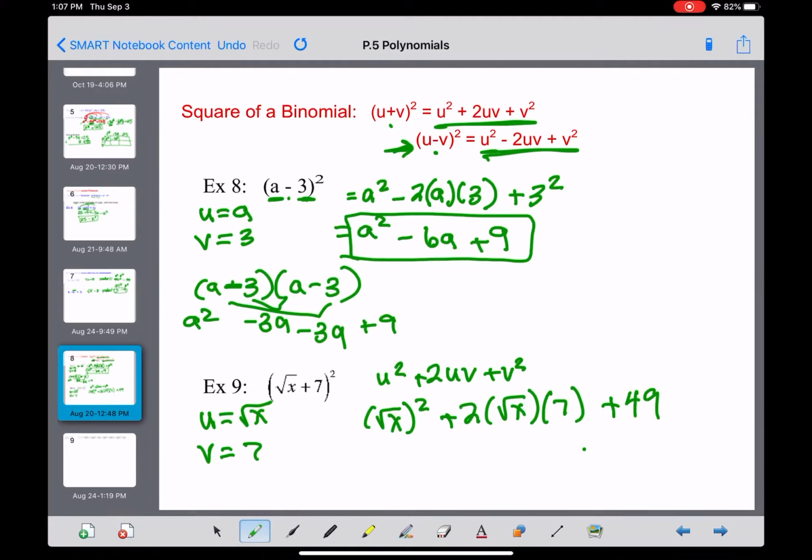The square root of x squared is just x, plus 2 times 7 is 14 square root of x, plus 49. So this is our answer when it's multiplied out. You can just write it twice and multiply it out, but the more you get used to seeing this pattern, the quicker things will go.